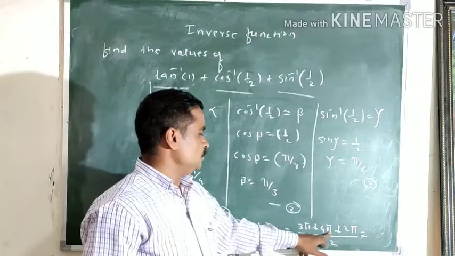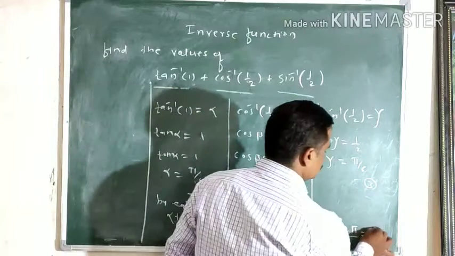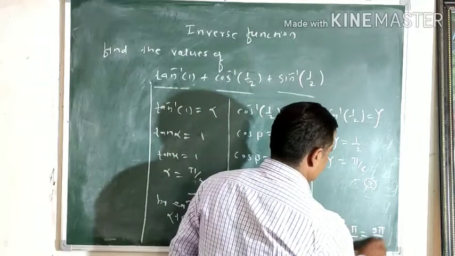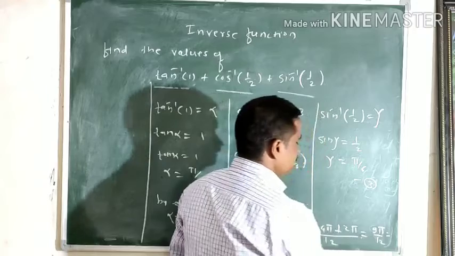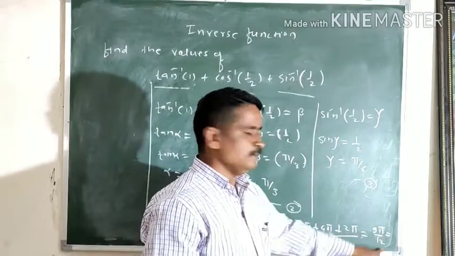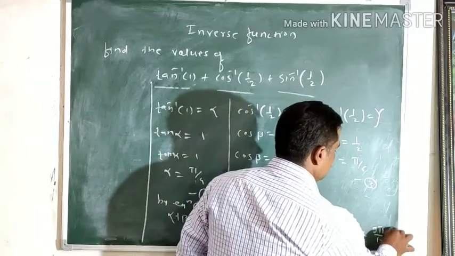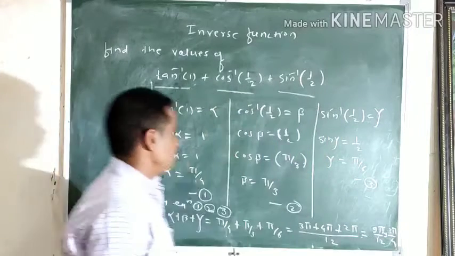So 3 pi plus 4 pi plus 2 pi over 12, that is 9 pi by 12, which equals 3 pi by 4.